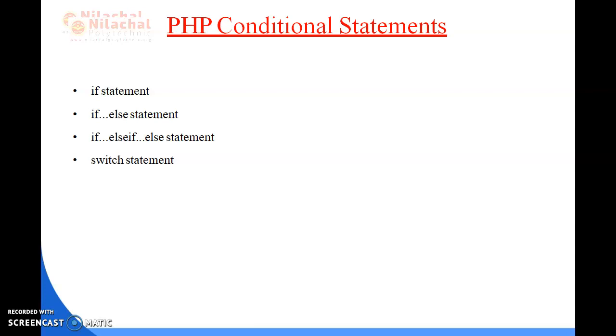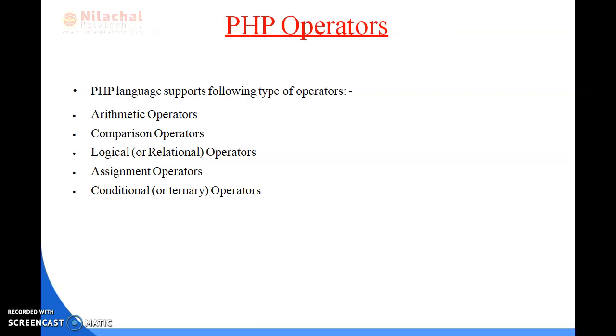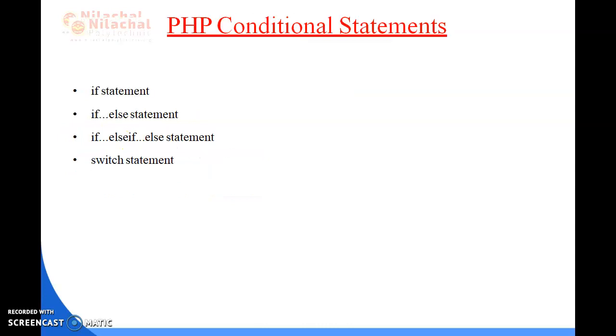If the first is false, then the second is executed. If the first is true, then the second is skipped. Next is the if elseif statement. This statement executes different code for more than two conditions.